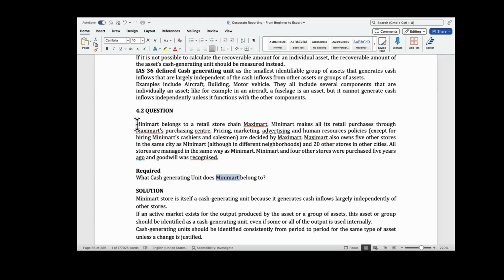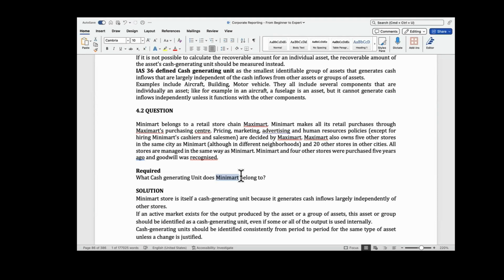Yes, it can. So as long as Minimat can make money on its own, Minimat does not belong to any other cash generating unit. Minimat itself is a cash generating unit because it's a supermarket. It's just a branch. It makes money. People go in and buy stuff. So we can see that as a cash generating unit.